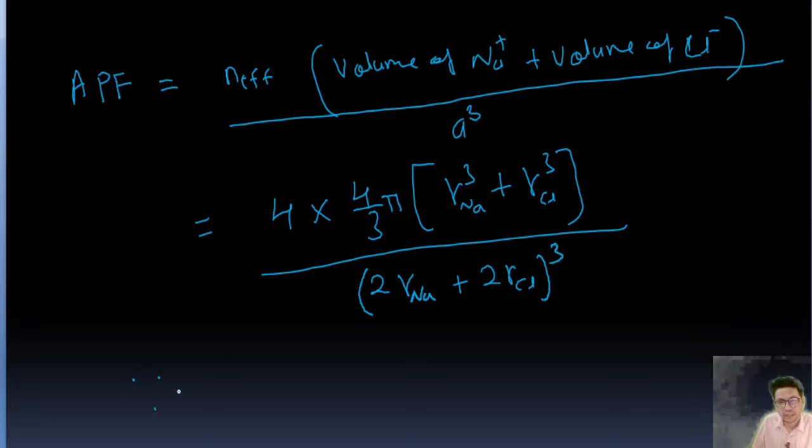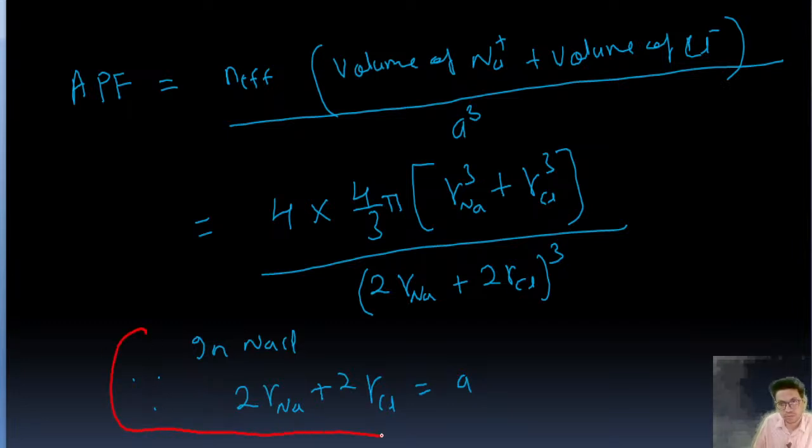Why? Because in NaCl rock salt, 2R_Na + 2R_Cl equals a, so a³ means this. This we know, guys, you need to note it down.